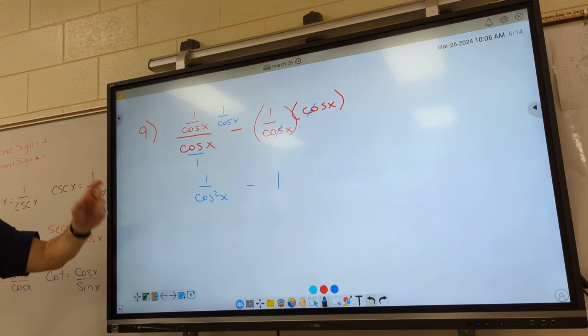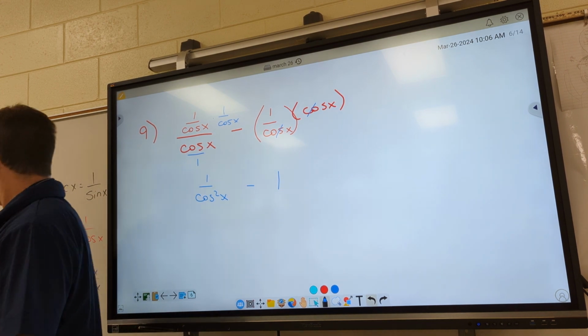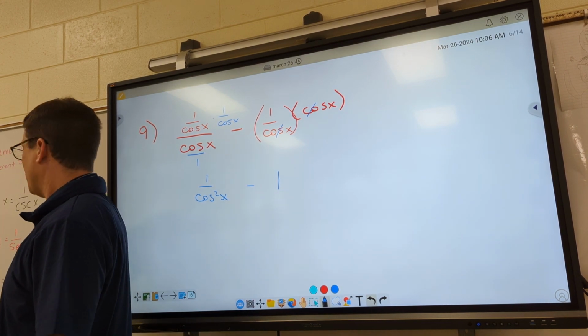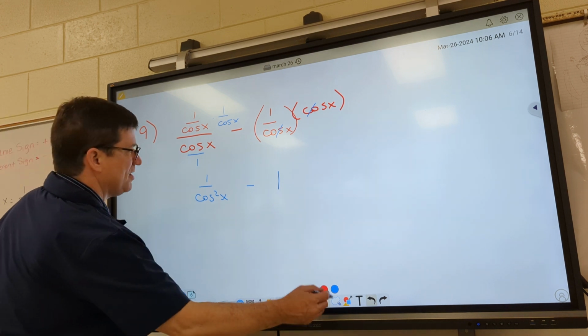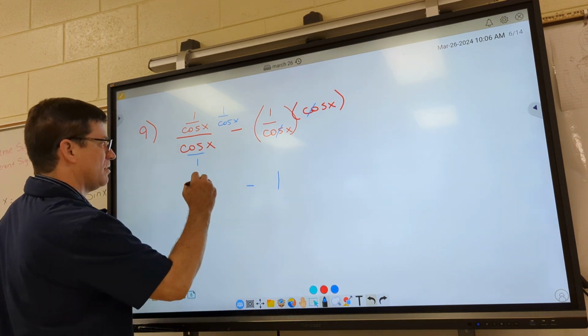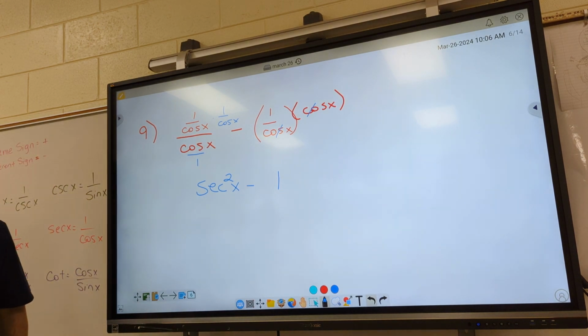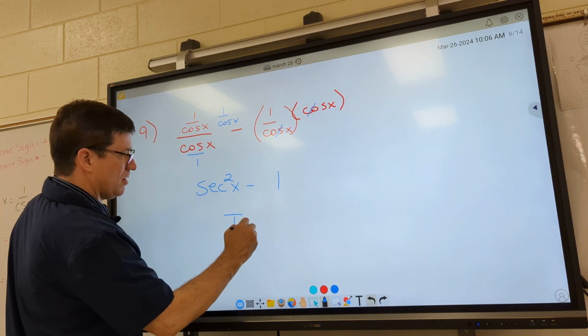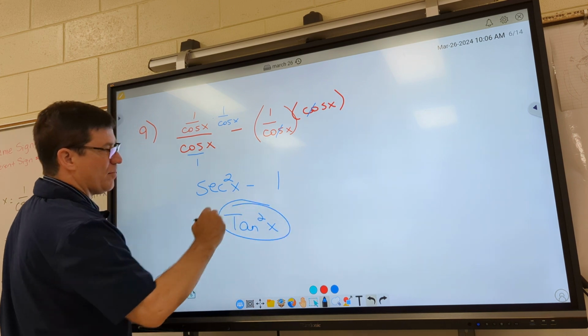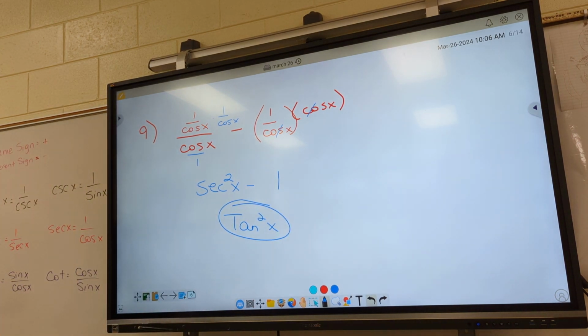Now, can I change 1 over cosine squared into anything? That is secant squared. So I'm going to erase this and put secant squared. And I heard somebody say that's a formula. Answer's tan squared. All right, so that's a new problem. We didn't do that yesterday, but that one's on your test after spring break.